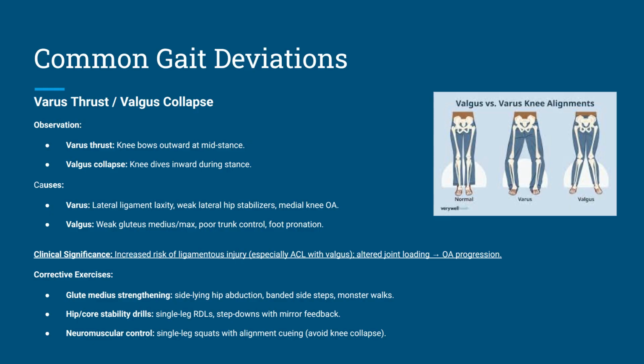Varus thrust often relates to medial joint degeneration and lateral soft tissue laxity. Why it matters clinically? A valgus collapse is strongly linked to an ACL injury. Both patterns increase asymmetric joint loading, and both will advance osteoarthritis.